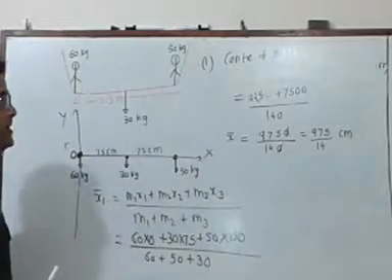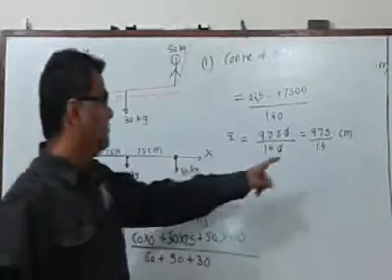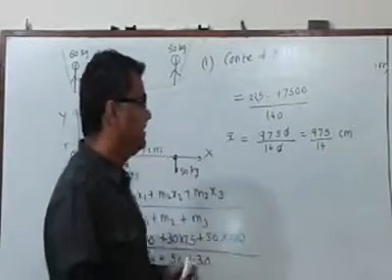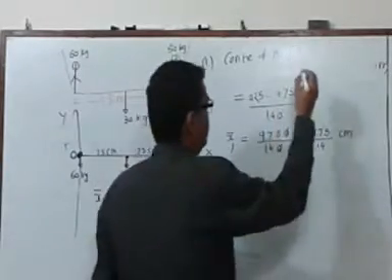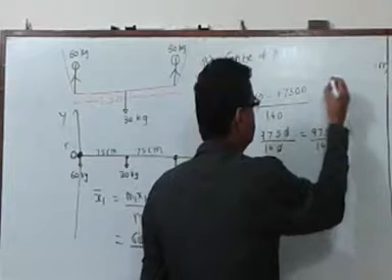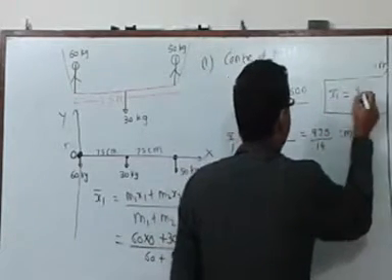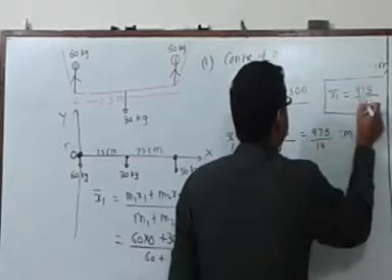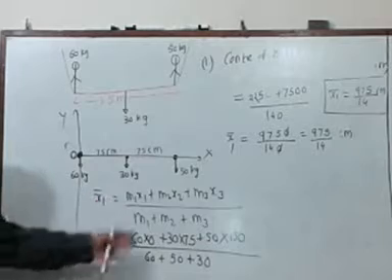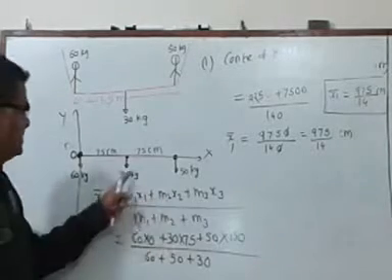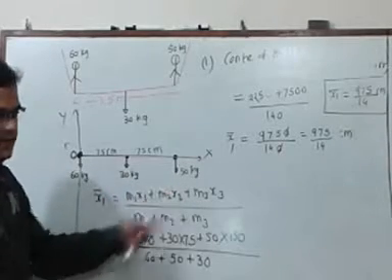So what we have computed here is the original position of center of mass with this situation, which is 975 upon 14 centimeter. Let me mark this as x1 bar and put it over here for our reference. We have obtained x1 bar as 975 upon 14 centimeter. You can take a look: M1x1 plus M2x2 plus M3x3 upon M1 plus M2 plus M3.